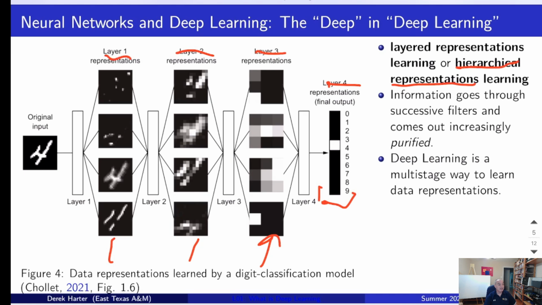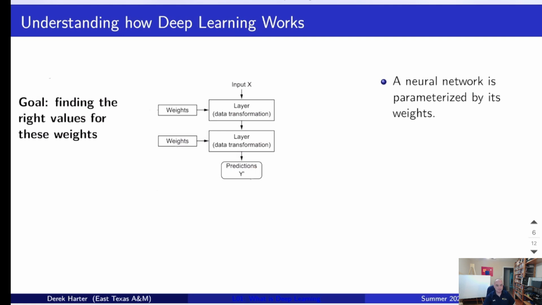So deep learning is a multi-stage way to learn data representations for a complex input data transformation that you want to do. Right. So, a little bit more about understanding. We're going to go into more details of this in subsequent lectures in this class here.